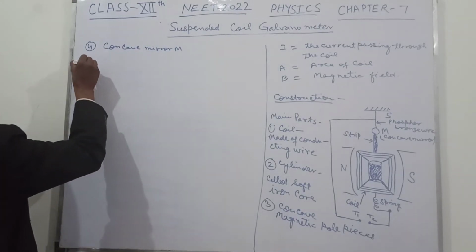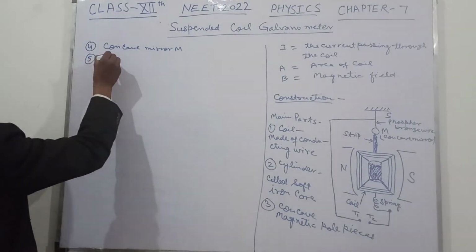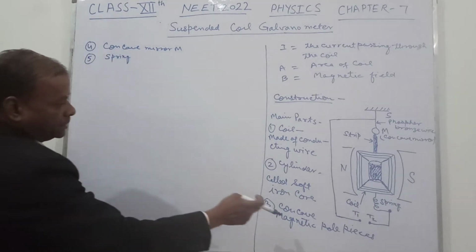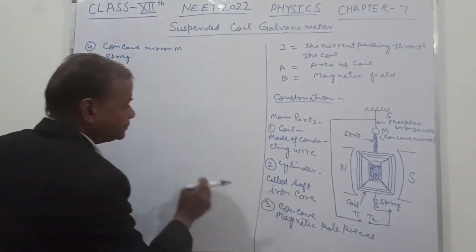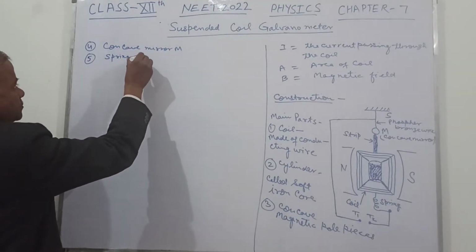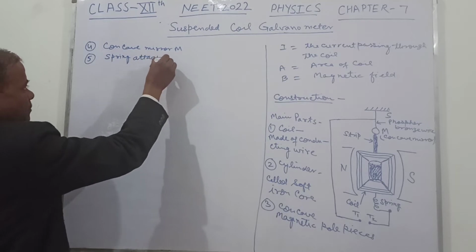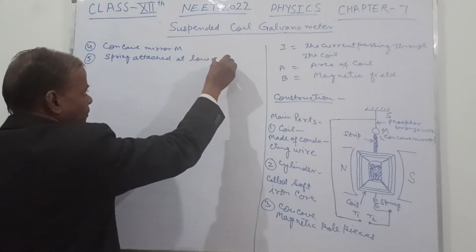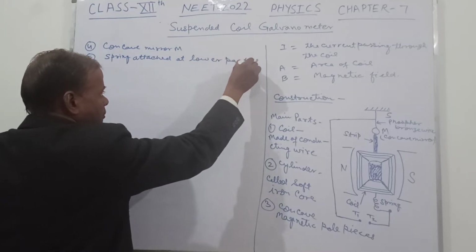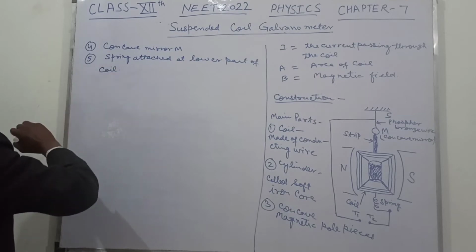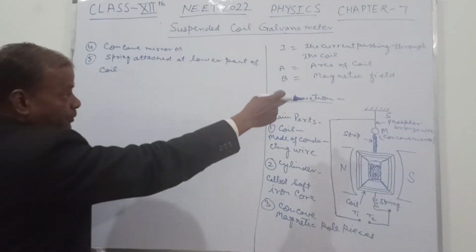And a spring. This is now a spring, attached at the lower part of the coil, and then the phosphorus bronze wire.